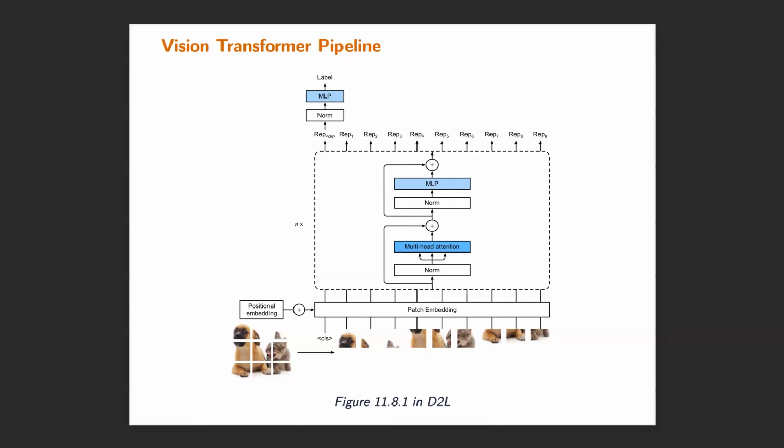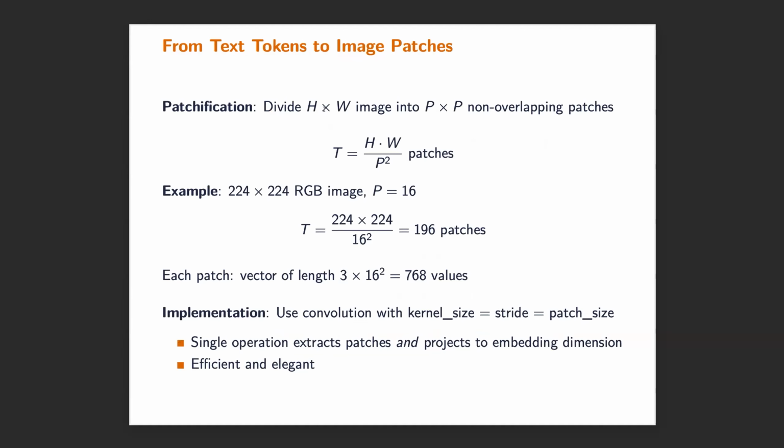So some more details on how to do this patching. For an image of height and width H and W, we divide it into P by P non-overlapping patches, which means we will have T patches. For example, for a 224 by 224 3-channel RGB image, a 16 by 16 patch will result in 196 patches.